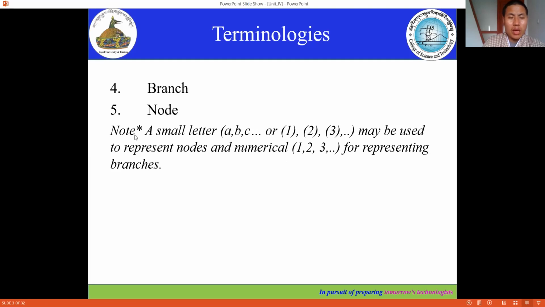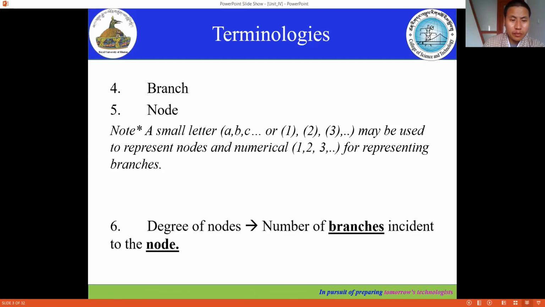For me, I find it convenient to use small letters a, b, c, or numerals encircled, to represent the nodes, and numerals 1, 2, 3 without the circle for representing the branches. I will be using this representation, but it's not fixed. You can use anything. It's just the name of the nodes and the branches.